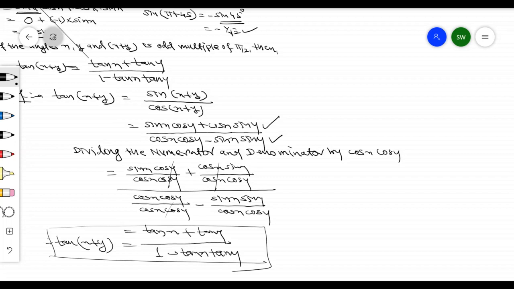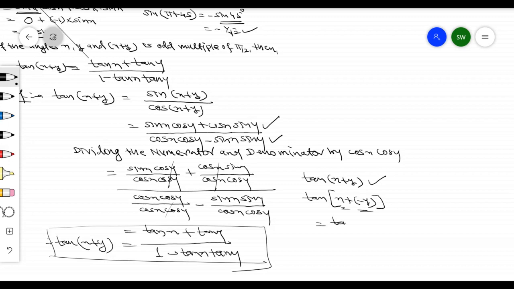And you can find the formula for tan(x minus y) also. Just replace that y by minus y. Tan(x plus y), we know this formula. Now tan of x plus this minus y. This is A, this is B. So what will happen here?